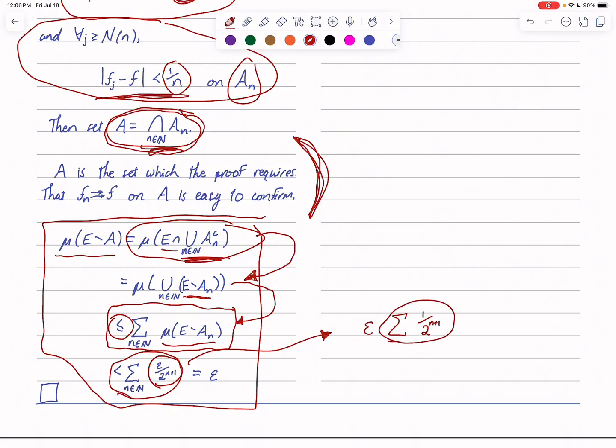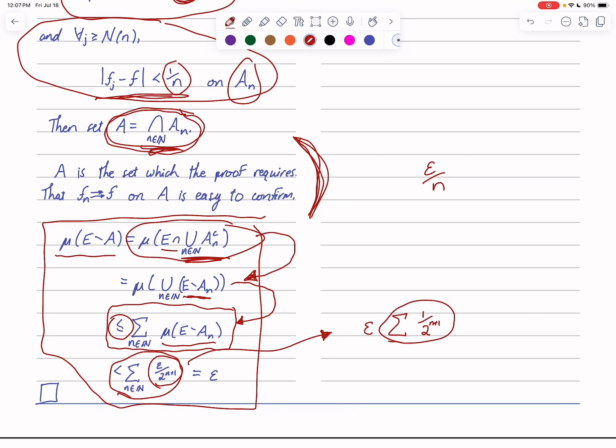And this is a geometric series. That's the reason for this particular choice, 1 over 2 to the n plus 1. Why wouldn't I have chosen epsilon over n, if I don't want this thing blowing up to infinity?